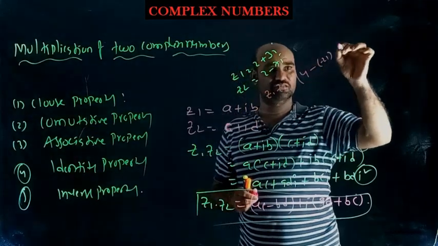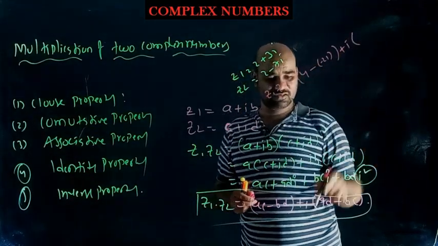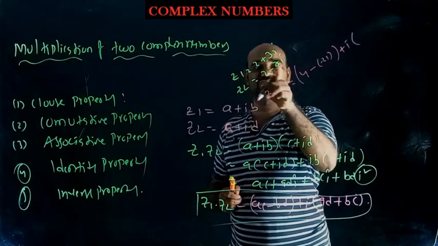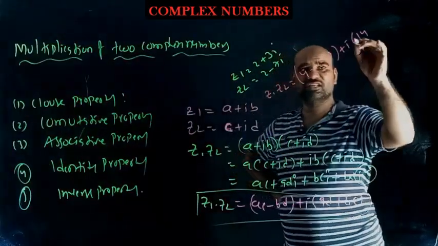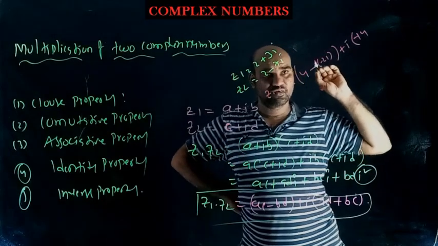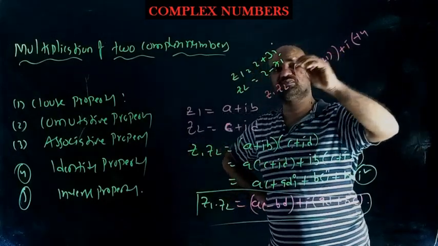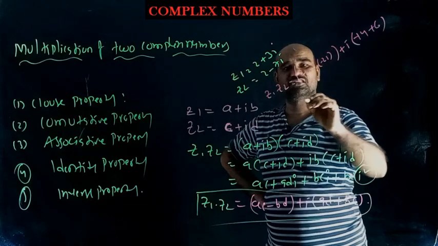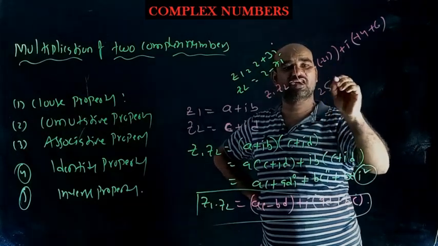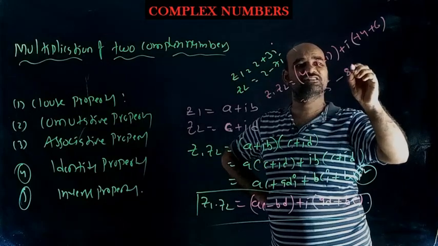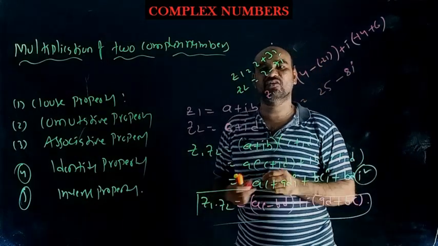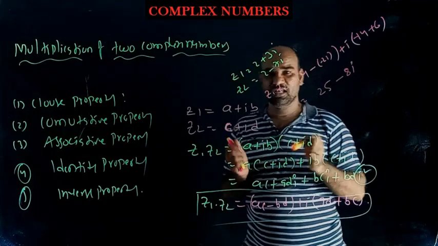Plus iota of ad: ad means 2 sevens are 14, minus 14. After that bc means 6. This gives 25 minus 8 iota. So this is the product of these two complex numbers. Important note.